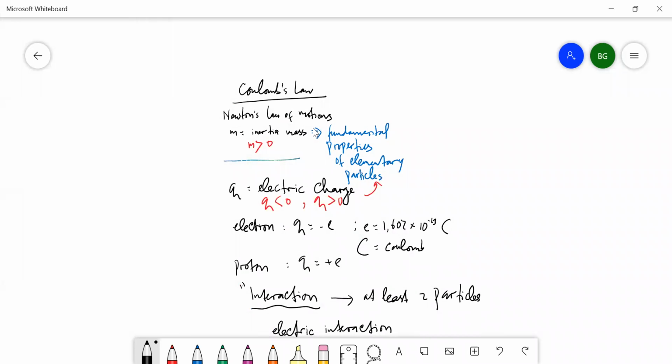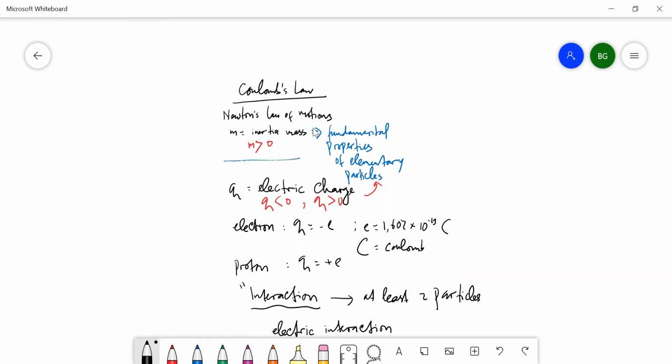Okay, today's lecture is about Coulomb's law. Yesterday's lecture we discussed Newton's laws of motion, in which a thing called a particle is characterized by its mass, called inertial mass.